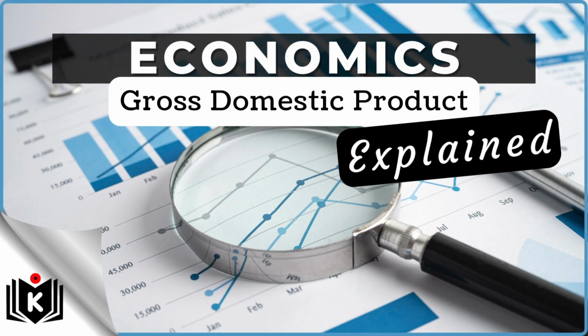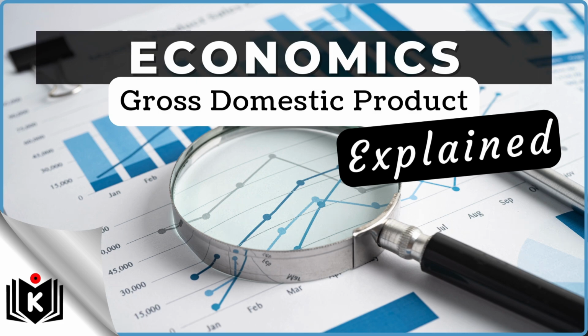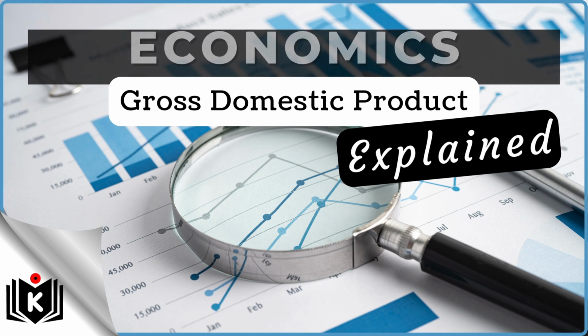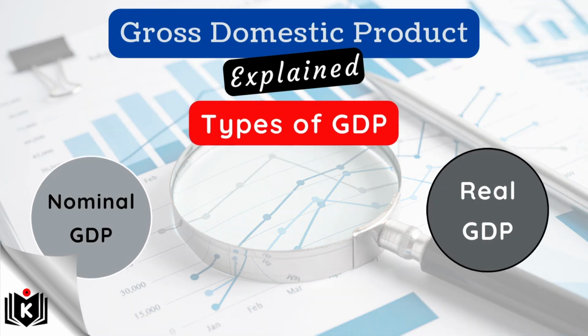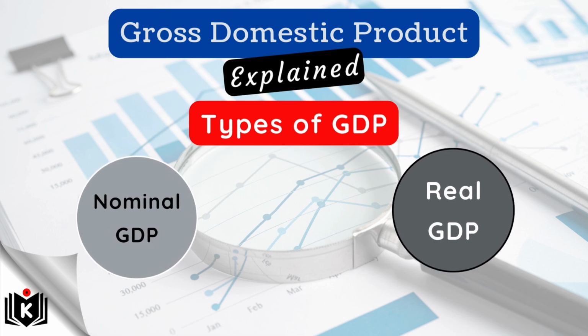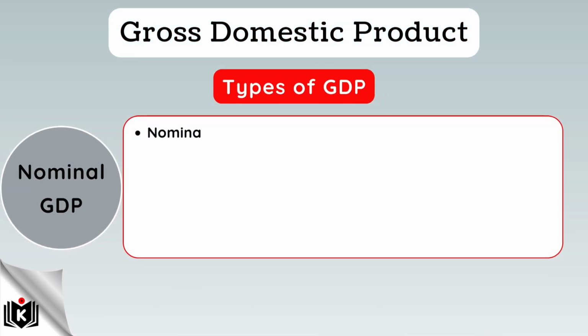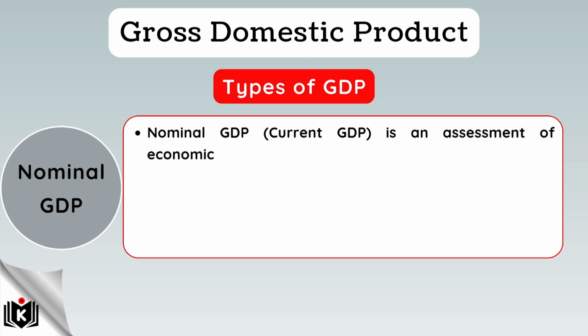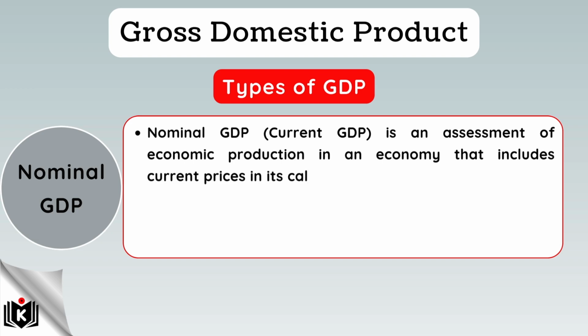GDP can be approached and reported in several ways, each of which provides slightly different information. Let's now take a look at the following two main types of GDP, being nominal GDP, as well as real GDP. Nominal GDP, or current GDP, is an assessment of economic production in an economy that includes current prices in its calculation.